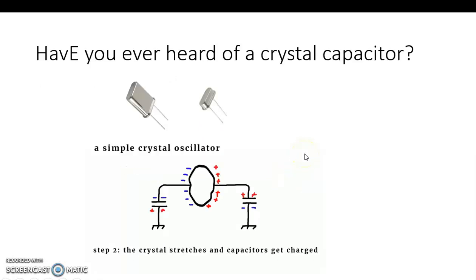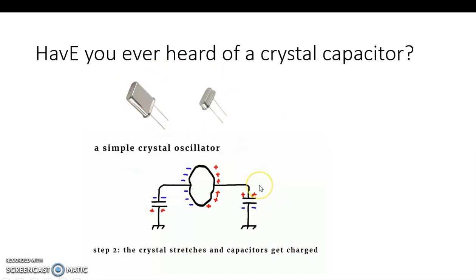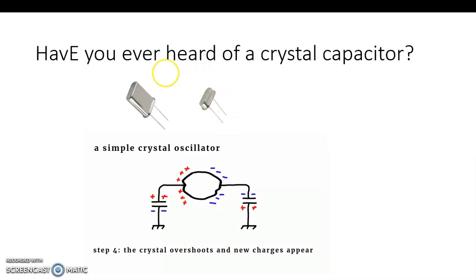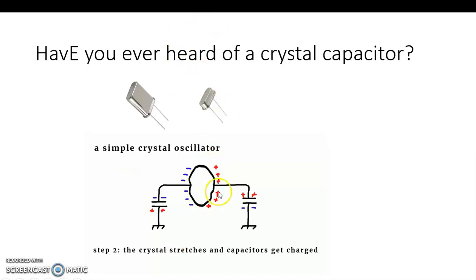Have you ever heard of a crystal capacitor? This is what a crystal capacitor looks like. And we use crystal capacitors in microcontrollers. I'll be showing that very soon. Now, a crystal capacitor works like this.